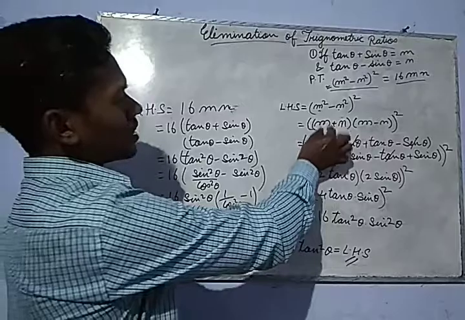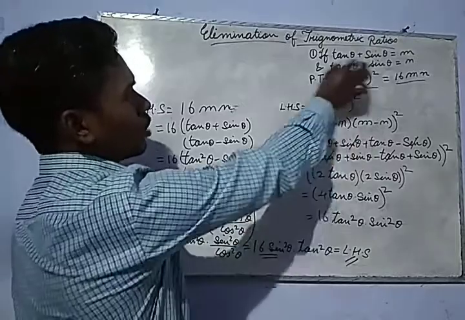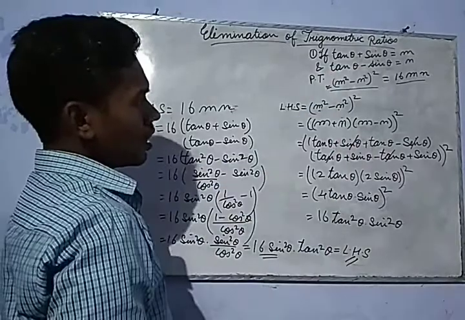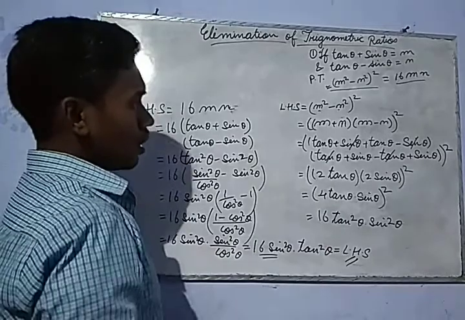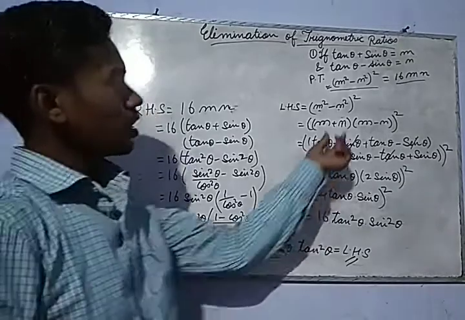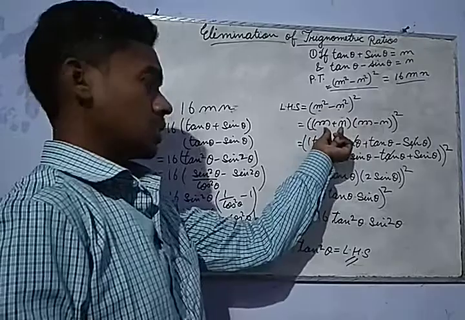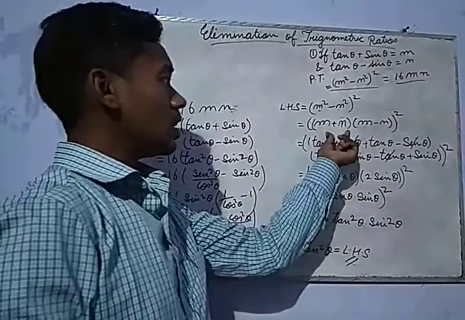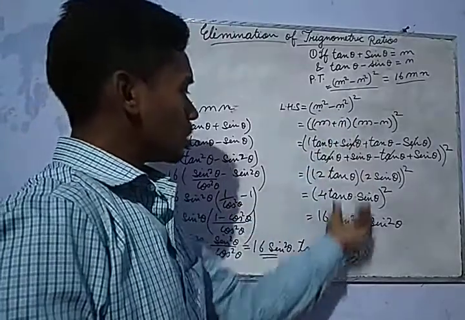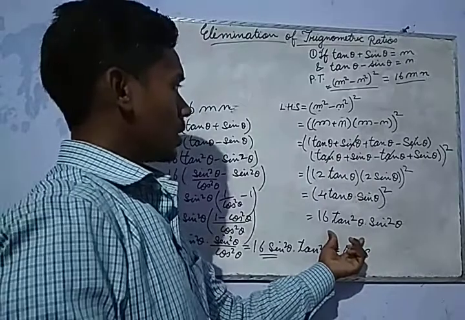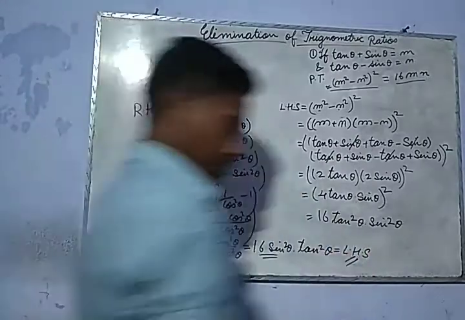We need to replace these values with the values provided in the question. Sometimes we need to simplify the expression so that our solution gets easy. Please note it down.